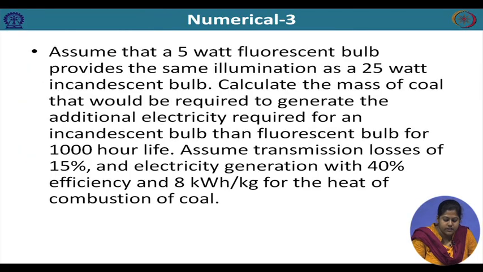So we will go to our third numerical problem. Here it has been asked that a fluorescent bulb and an incandescent bulb are used. If we are using the incandescent bulb for 1000 hours of life, how much additional electricity will be required instead of the fluorescent bulb?